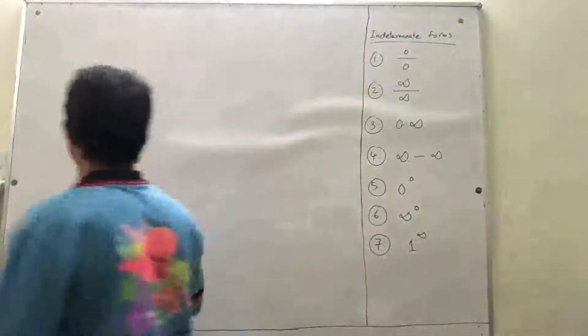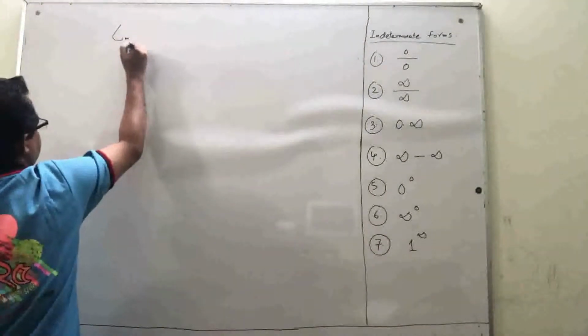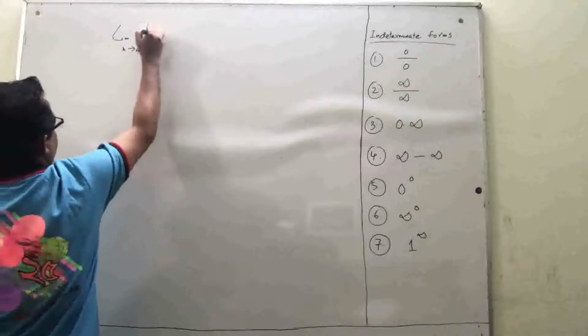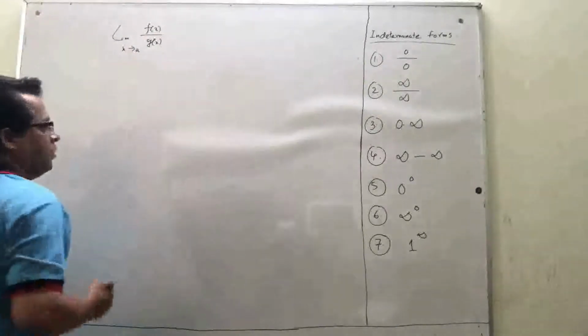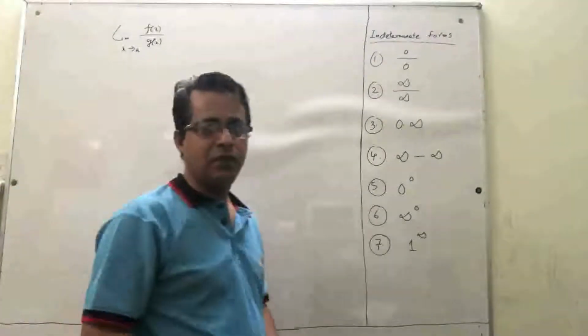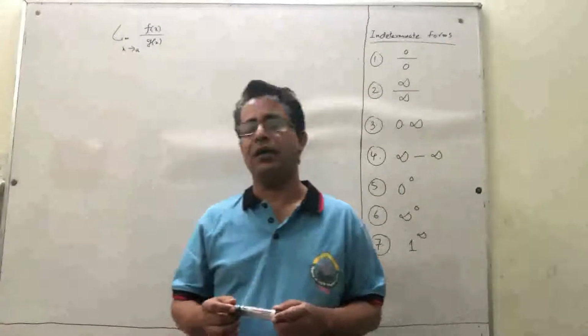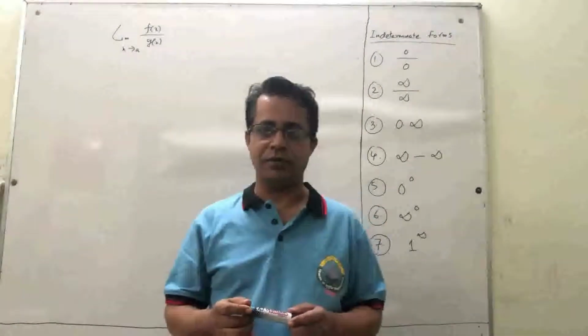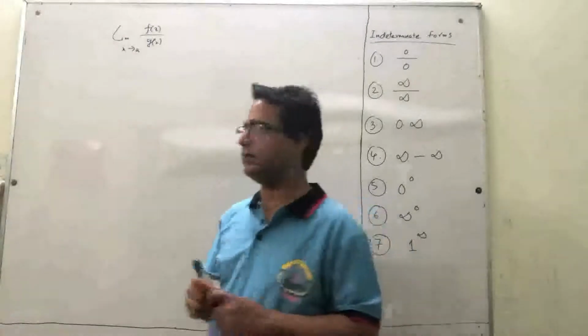Suppose we have to find the value of the limit x tends to a of f of x divided by g of x, where the value of f of x at x equal to a and the value of g of x also at x equal to a is 0.